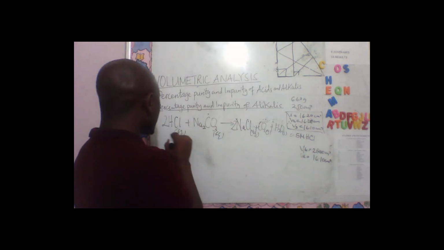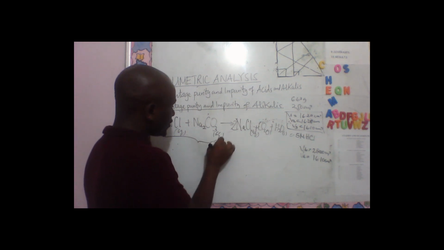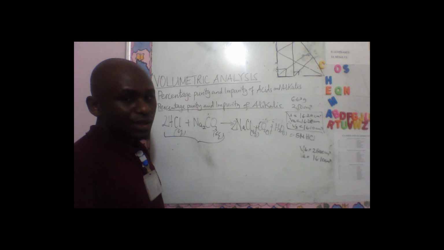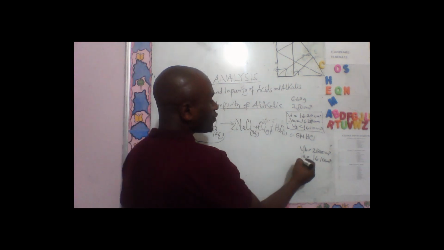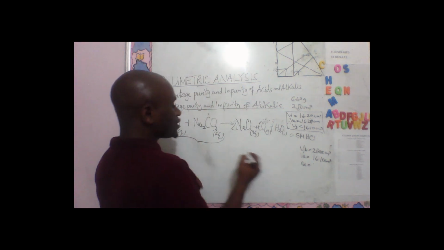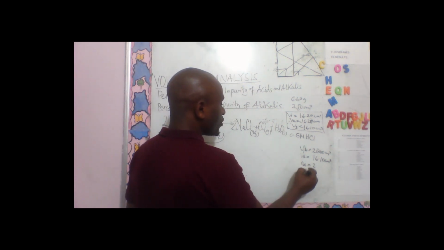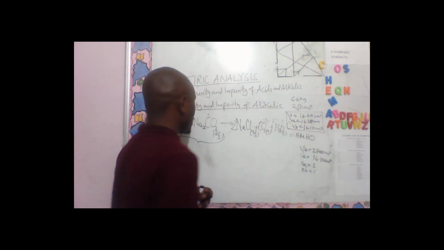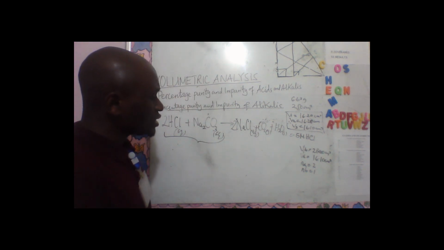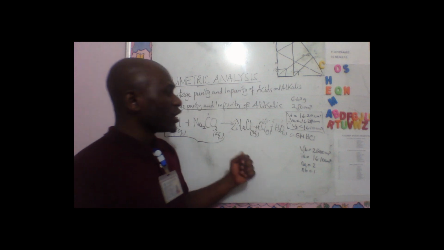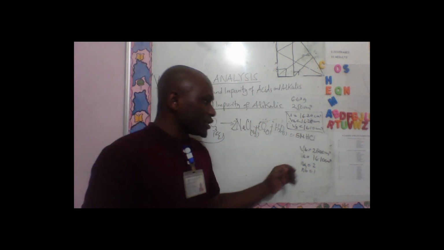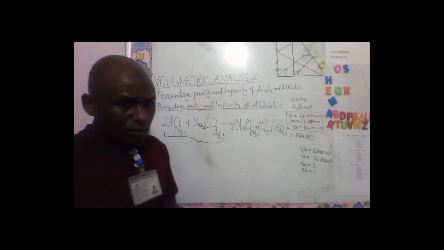The number of acid here is equal to 2, while the number of base is equal to 1. This helps us find out the molarity of acid and the molarity of base.